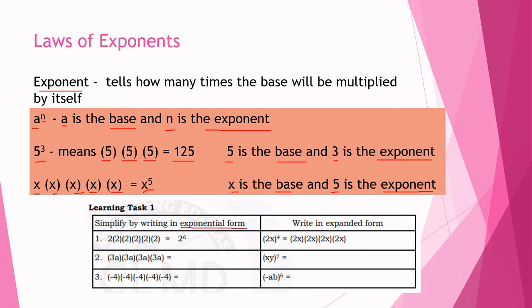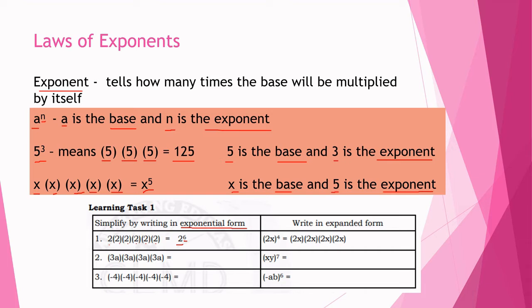For example, 2 times 2 times 2 times 2 times 2 times 2. You can write this as 2 to the 6th power. Why to the 6? Kasi 6 na beses inuulit ang 2. Or 6 na beses minultiply ang 2.